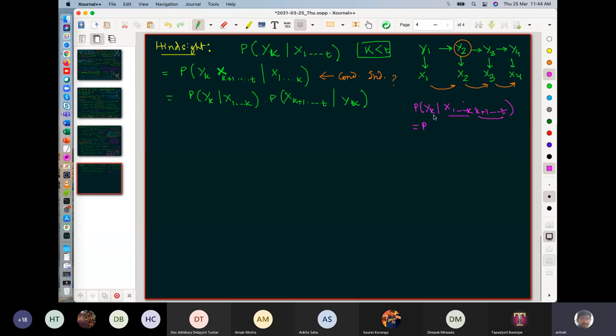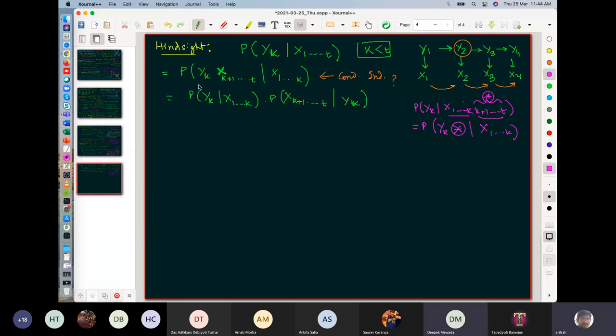The rest of the points yk is independent of. If yk is independent of that, you can put in all this factor here. Suppose this is my star. You can say this through conditional independence: yk is conditionally independent of the star part given x1 to xk. I can just write this.